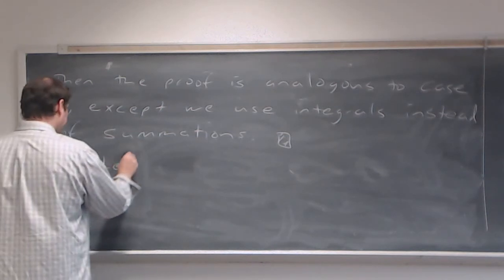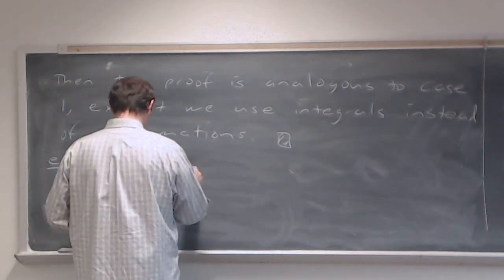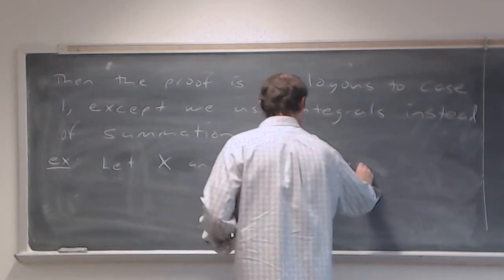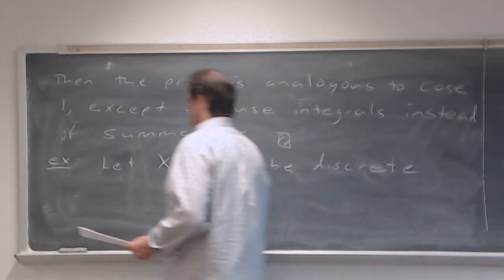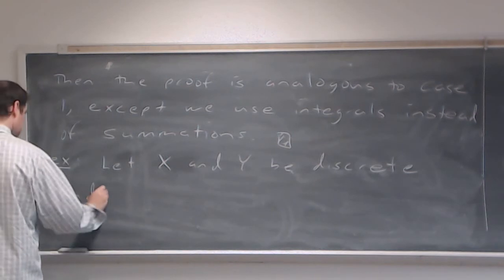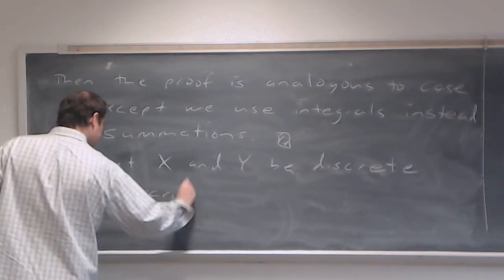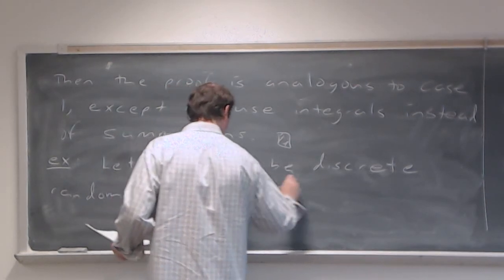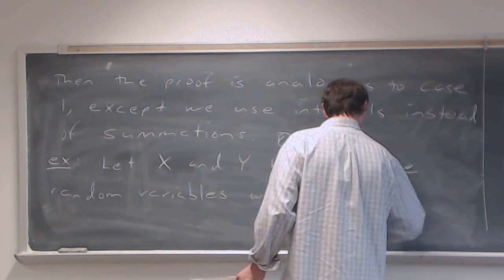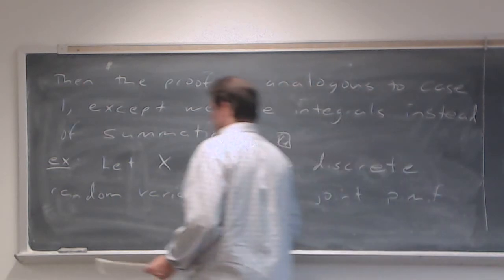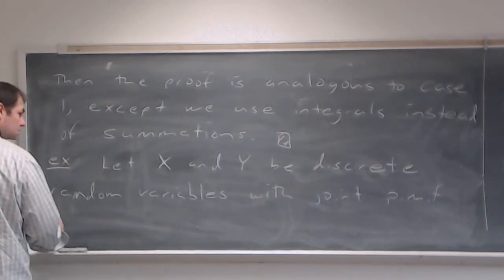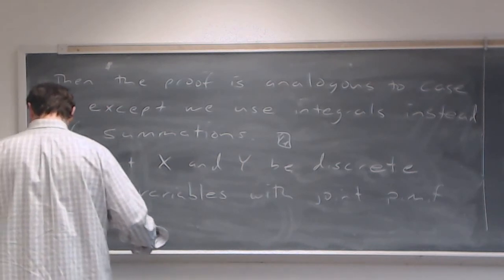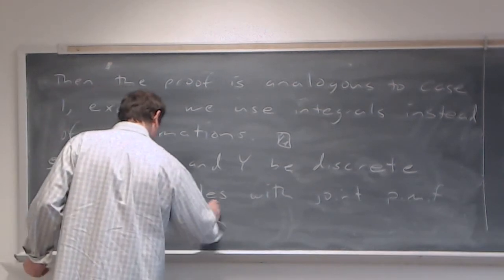So here we're going to let x and y be discrete random variables with joint PMF given by the following table.